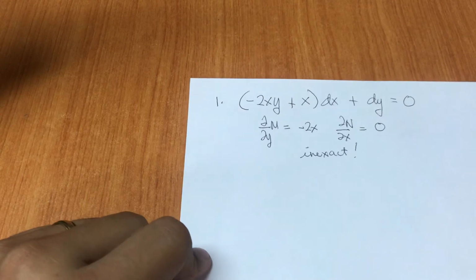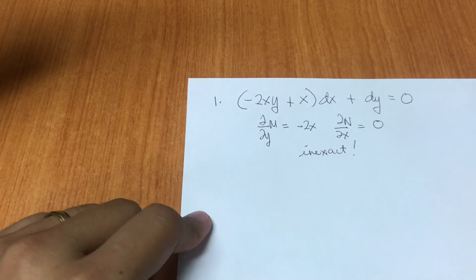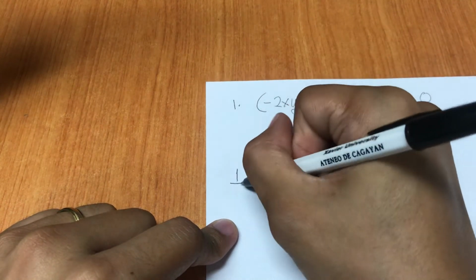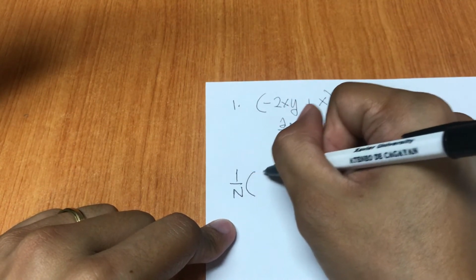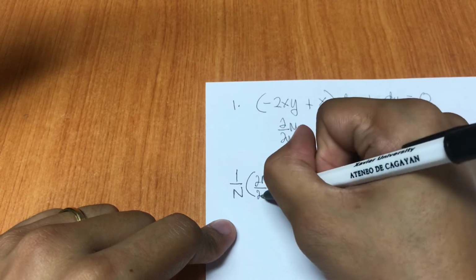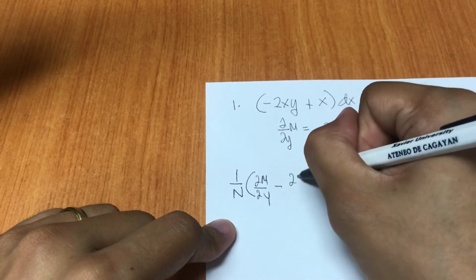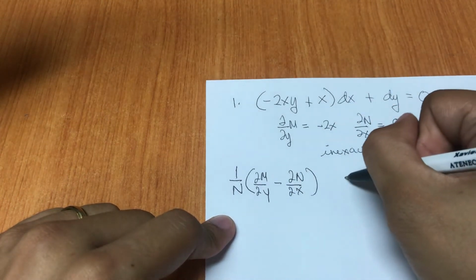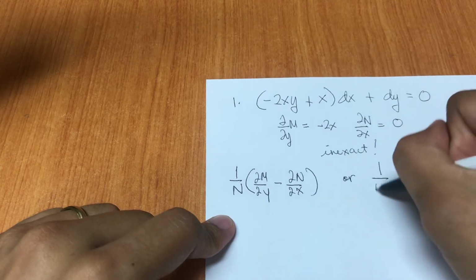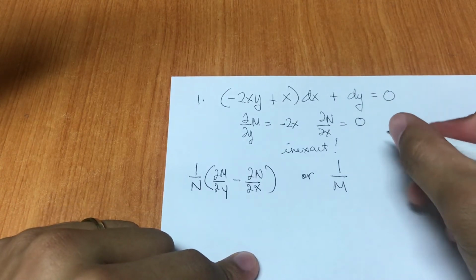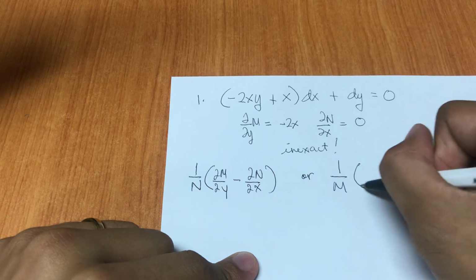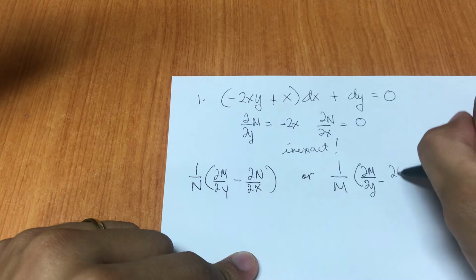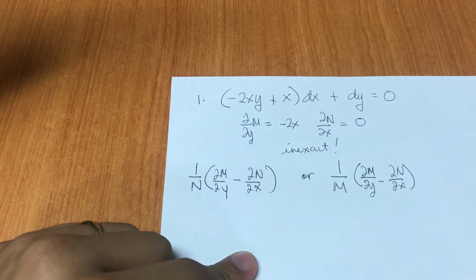integrating factor. So, we have two starting formulas. We could use 1 over n times the difference of the partial derivatives of m and n, or we could use 1 over m, the partial derivative of m with respect to y minus the partial derivative of n with respect to x.